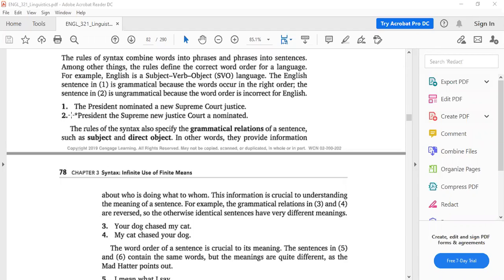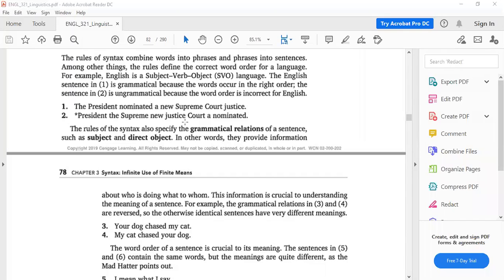So it does not conform to the rules of word order. Because here, the must precede the noun in English. And the verb must precede the object. Because English is an SVO language: the subject, then the verb, then the object.